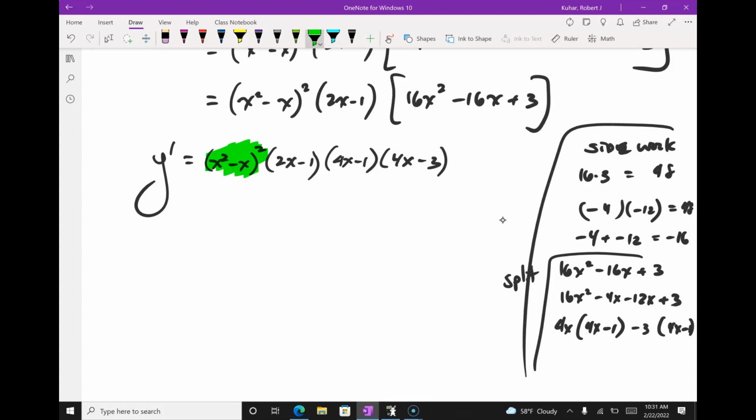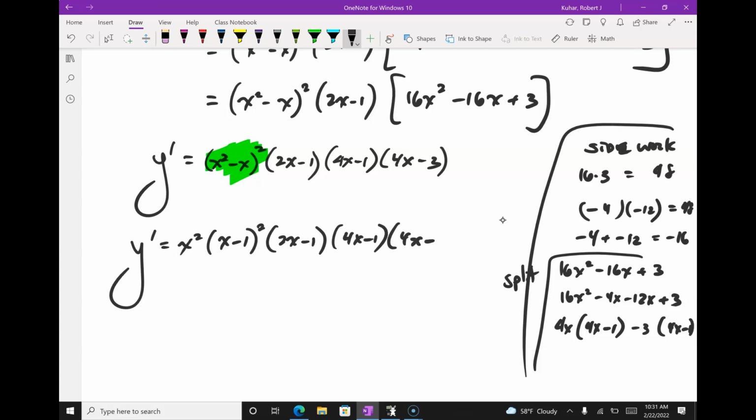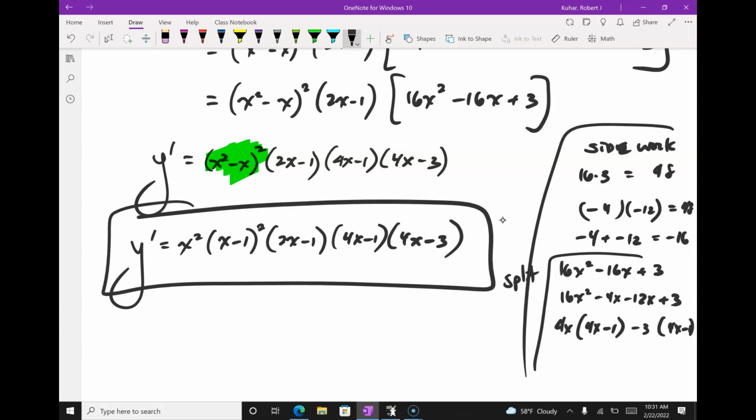It's right in here. If I could think of just one of those x squared minus x's, there's a common factor of x. But since I'm squaring it, there's a common factor of x squared. So here's my final answer. X squared times x minus 1 quantity squared times quantity of 2x minus 1 times 4x minus 1 times 4x minus 3. Done. Ouch, right?